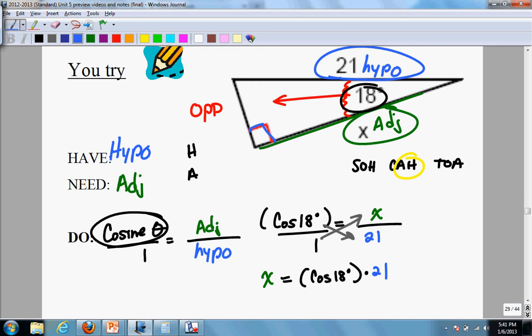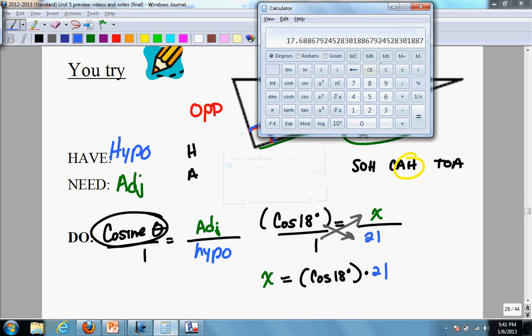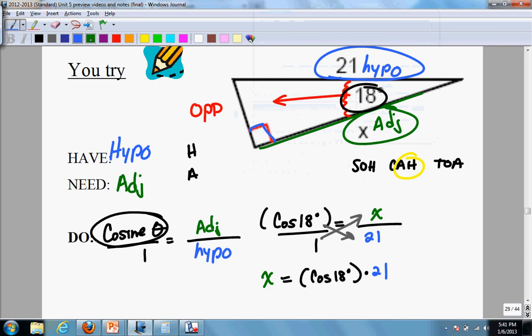So now how do you figure out cosine 18? This is where you get your calculator. And you either do cosine 18 or 18 cosine. My calculator is 18 cosine. And I get 0.95105, but I'm going to round to the 10th, so that's 0.9511. So my x is going to equal 0.9511 times 21.